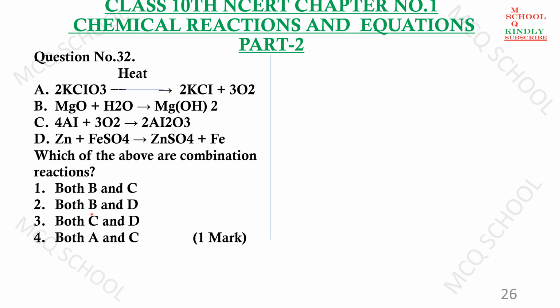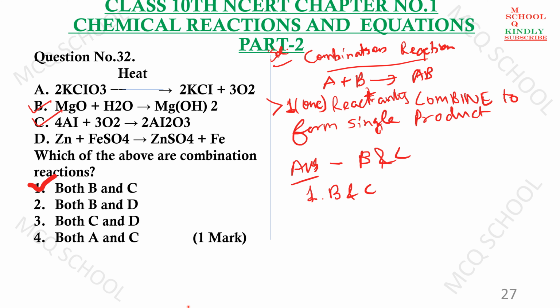So there are two chances out of four that they are combination reactions. We know what a combination reaction is. As a representation we can write A plus B forms AB.